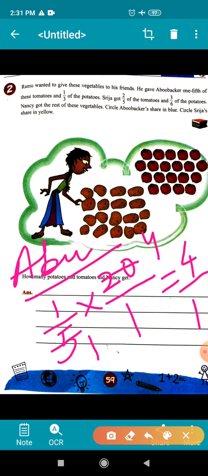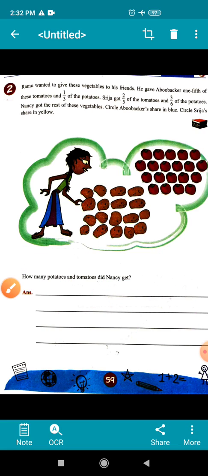It means you will remove 4 tomatoes from here and color them with which color? Blue color. Here I have shown pink, but you have to show blue, right? Similarly, we can calculate the number of potatoes he has got. 1/3 of the potatoes.